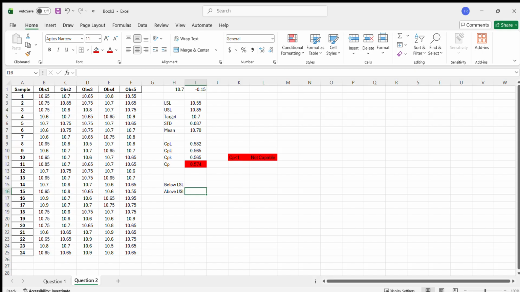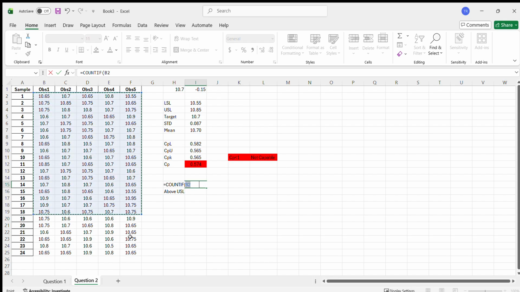What we're doing here is trying to find out how many of these items are below 10.55. So we're going to use an Excel equation, COUNTIF, parentheses. Now you do have to select the whole range of this entire bit right there, comma.